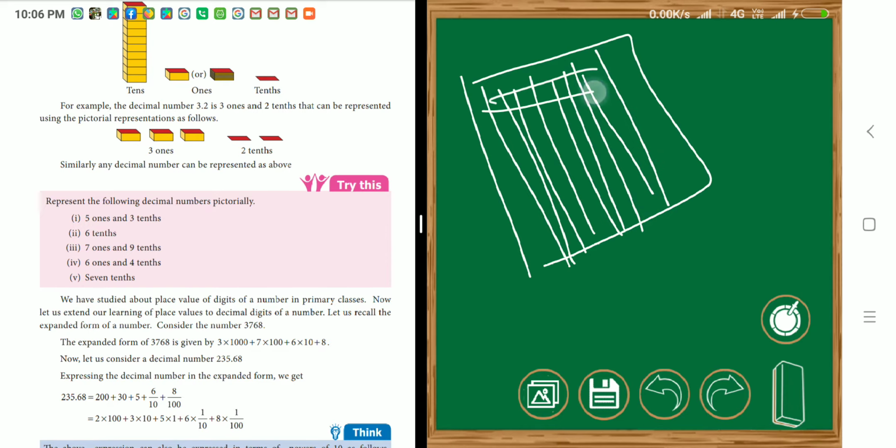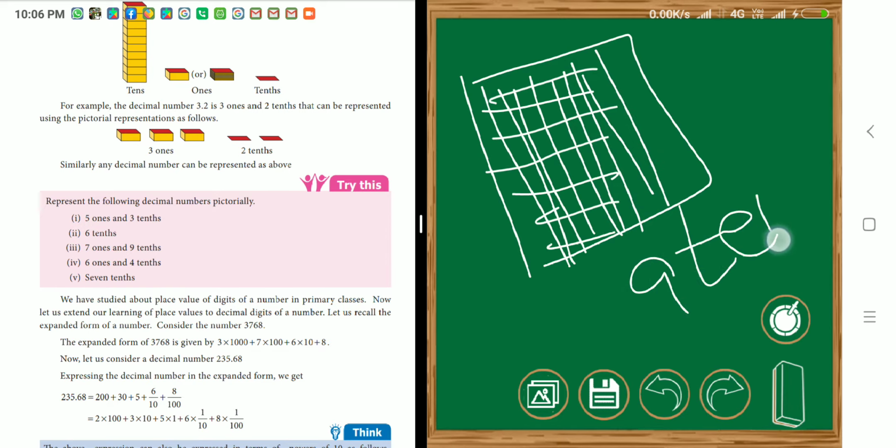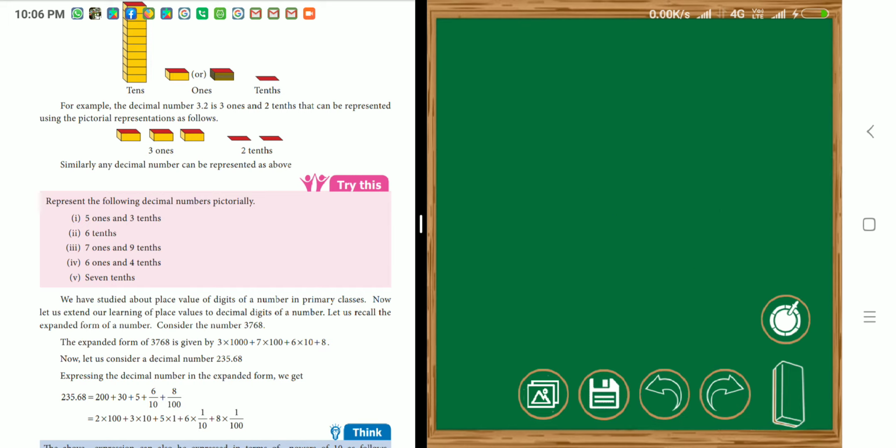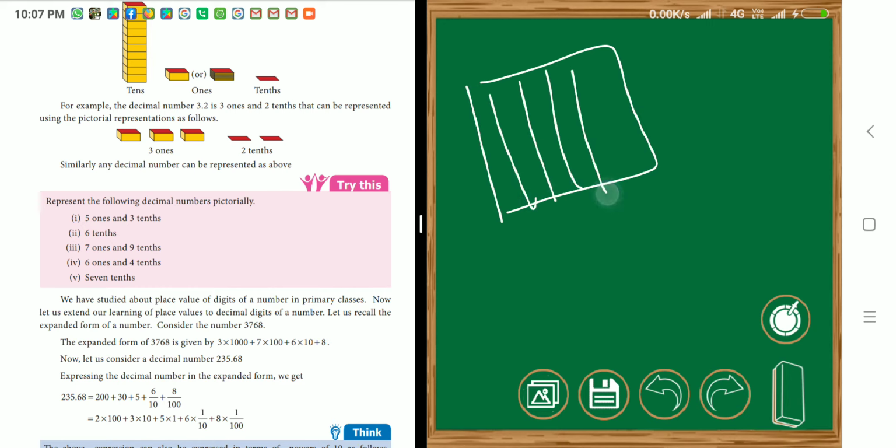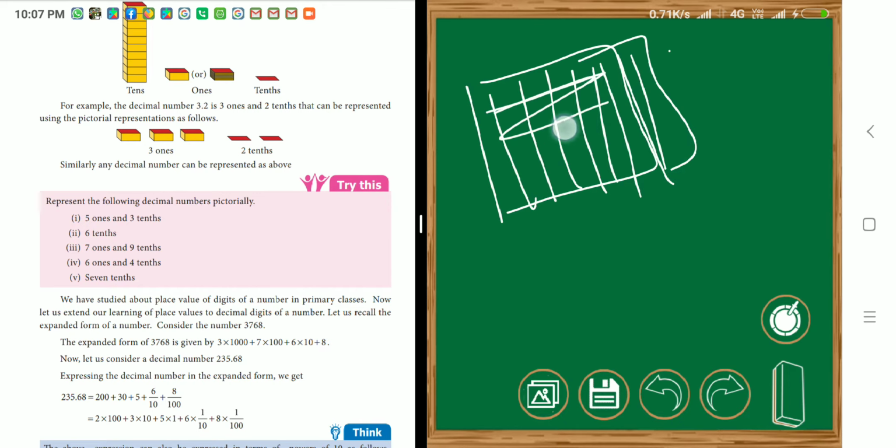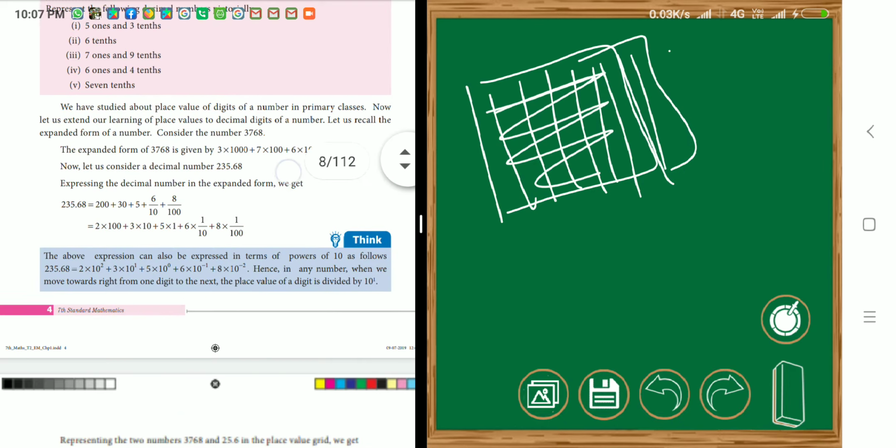So shade the 9 parts. This is 9 tenths. Clear? Same way, 7 tenths also: 1, 2, 3, 4, 5, 6, 7, 8, 9, 10. So shade only the 7 parts. This is how you can do it.